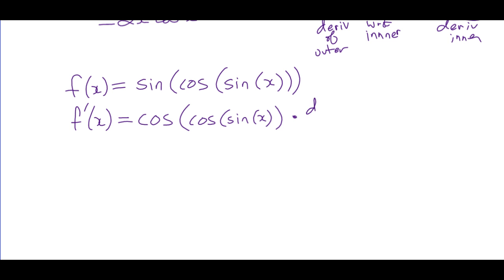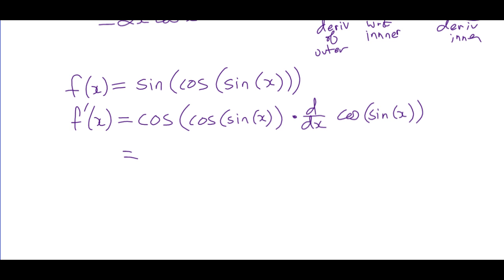So let's just be kind of specific here. So d by dx of that. Okay, so our outer function is sine of something, right? I don't care what the something is. I'm just going to do the derivative of sine, which is cos, and then write in the something, whatever's in the brackets, times the derivative of the inner, which is this. So now we'll do this derivative, right?